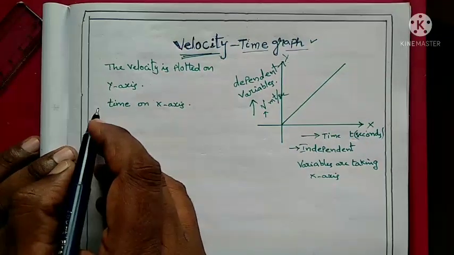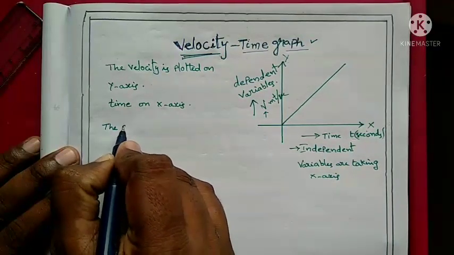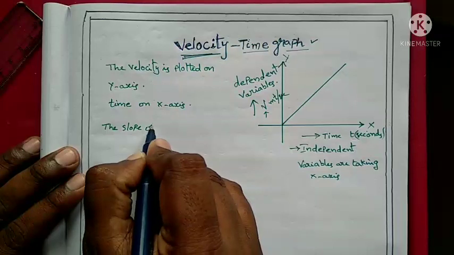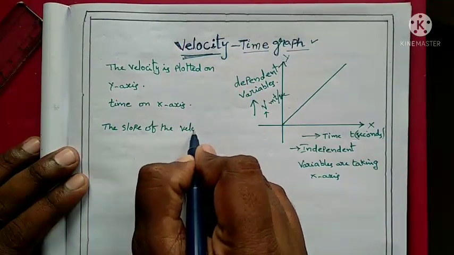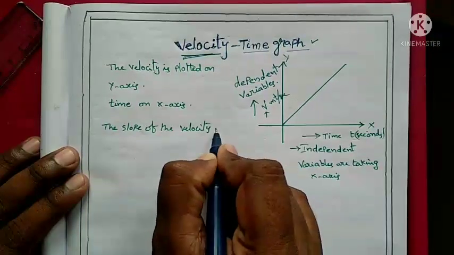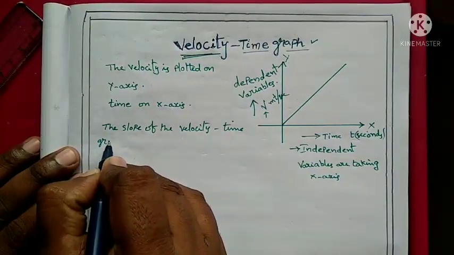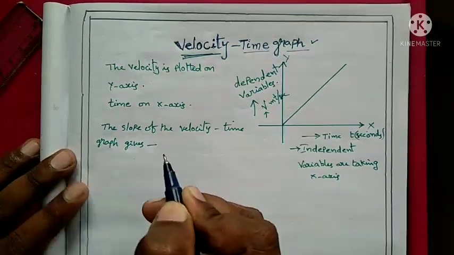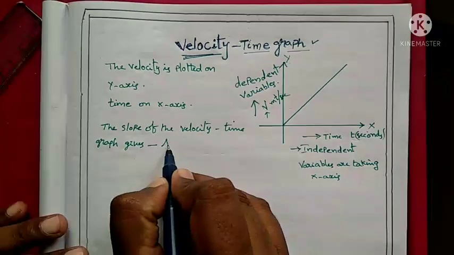The slope of the velocity versus time graph gives acceleration.